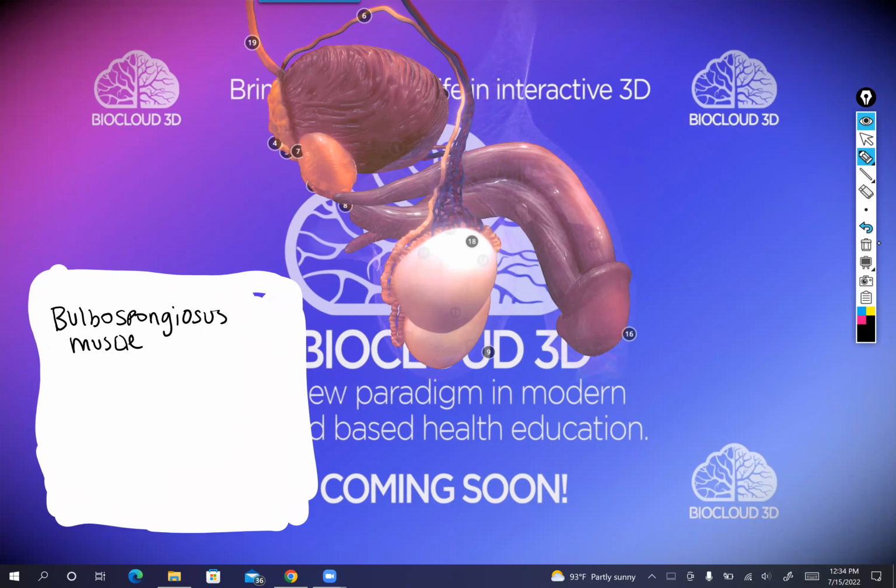It erases everything if you touch it. So if I want to correct something when I'm in this mode, I have to just color over it with white. Ta-da. And ischiocavernosus muscle.